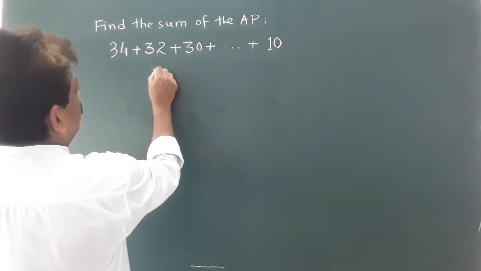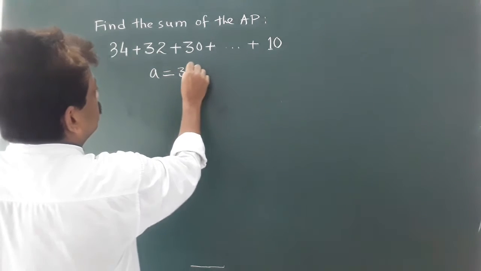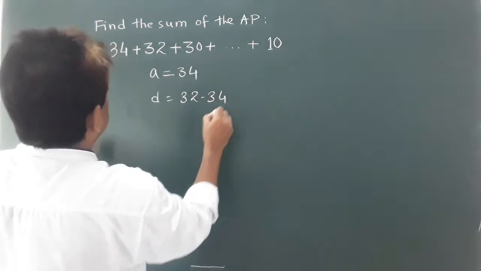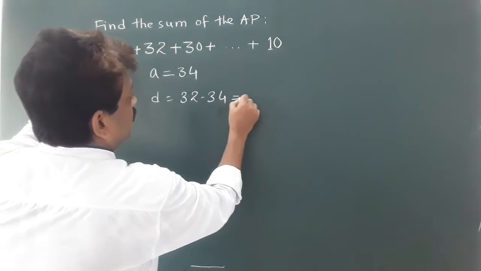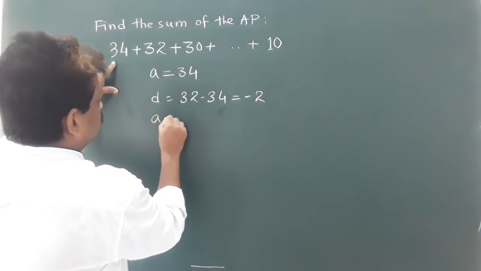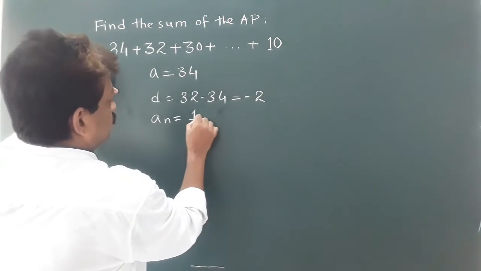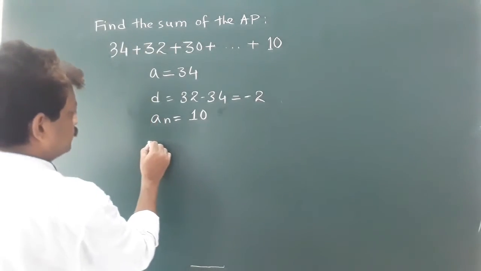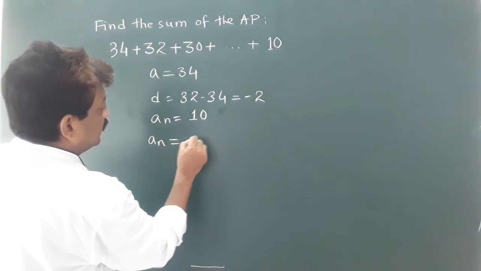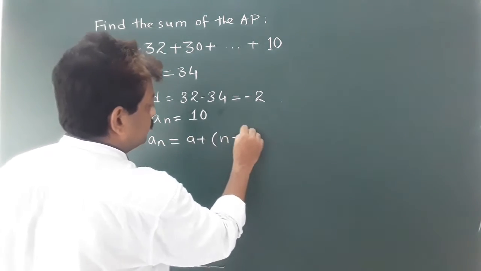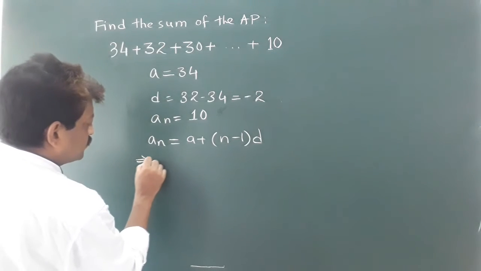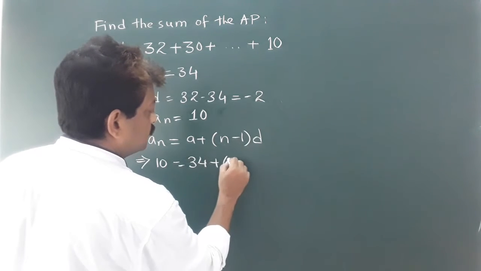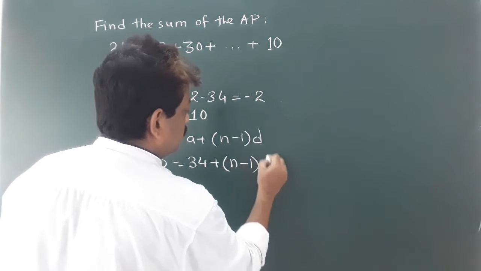So here the first term is 34, common difference is 32 minus 34, second term minus first term, so it is minus 2. An is equal to 10. Now let us use the formula an equals a plus (n minus 1)d. An is 10, a is 34, number of terms is not known, keep it as it is, d is minus 2.